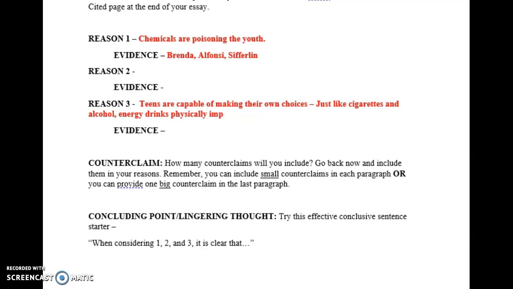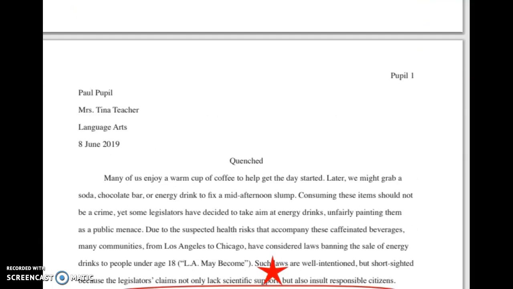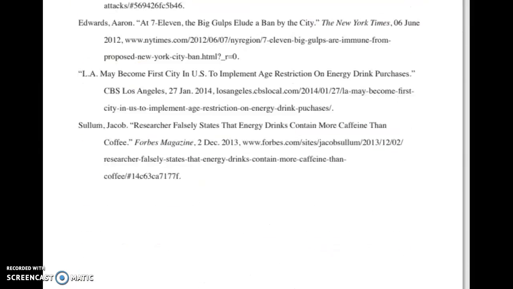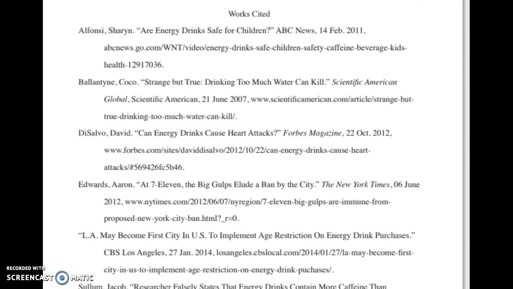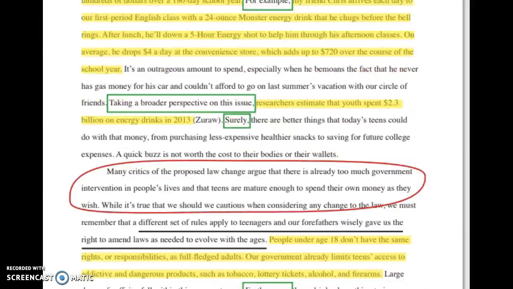Let's just change it to impact students. And then she gives her evidence below. So we have this highlighted right here. Oh, it doesn't have a citation. Strange. Where do you think she found this information? You can find that down at the bottom, as you look at her works cited page, which is back up here. Okay? So that is how you find that information.